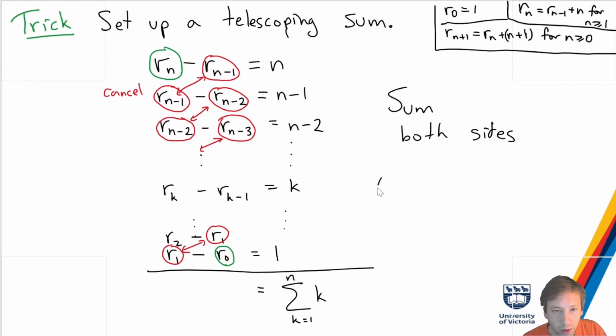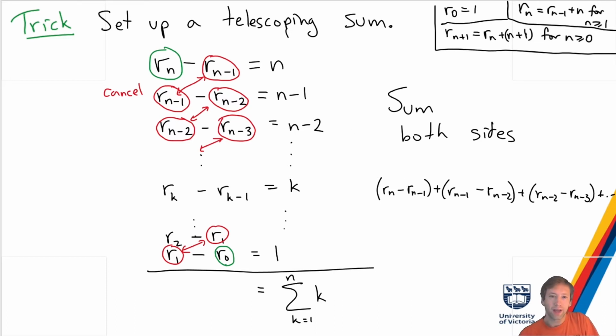It's a sum of the form R_n minus R_{n-1} plus R_{n-1} minus R_{n-2}, plus R_{n-2} minus R_{n-3}, and so on. You have this long sum, and you can think of that as like a long telescope. And if you think about it, you can push it together, click it all together by canceling out the intermediate stuff.